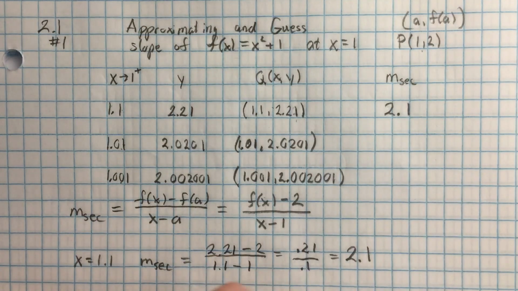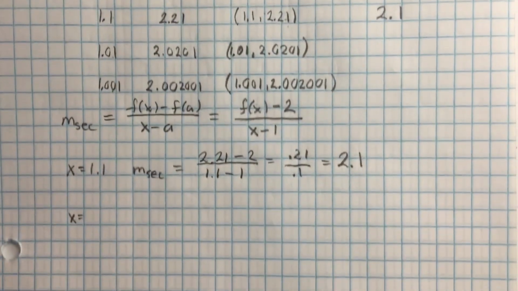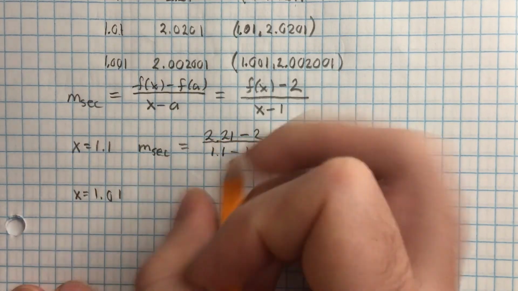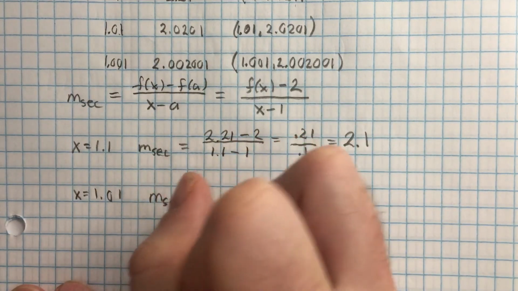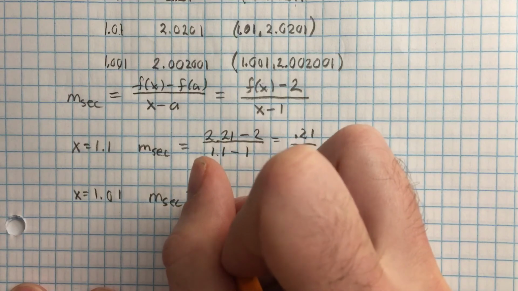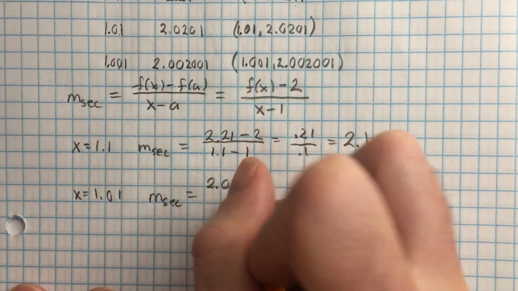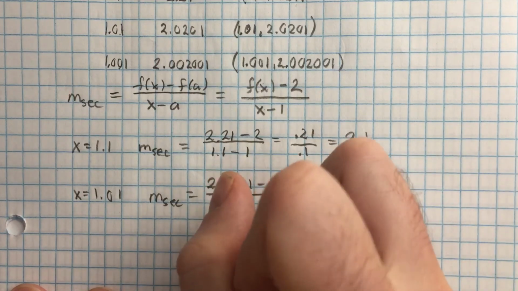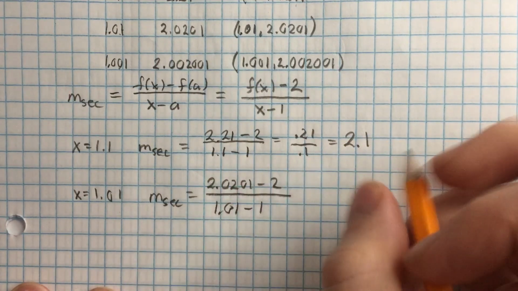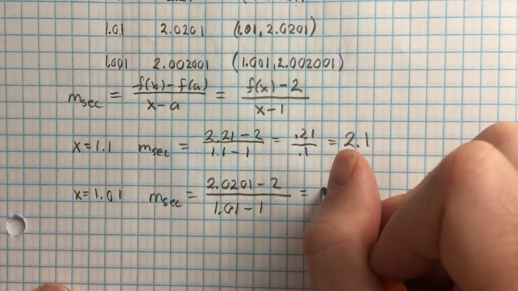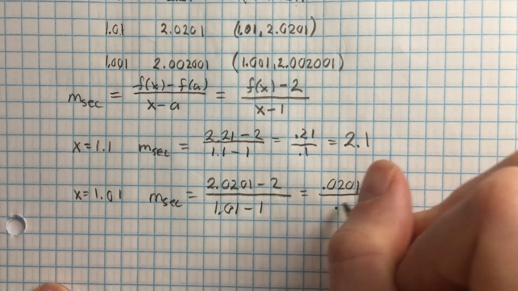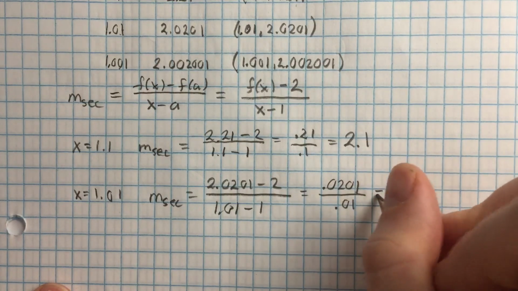Let's continue quickly through x equals 1.01. So m secant, the slope there, will be 2.0201 minus 2 again over 1.01 minus 1. So of course we will get 0.0201 over 0.01, shifting the decimal 2 places to the right, which is what this indicates.